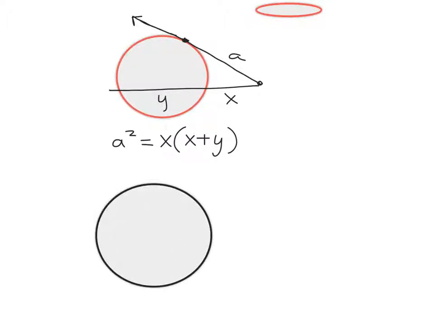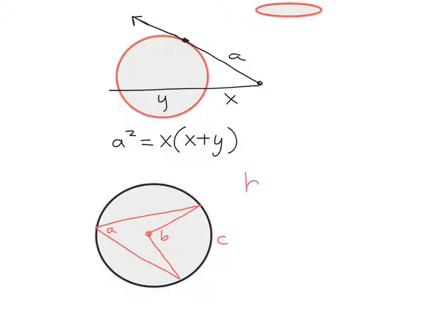What if it's on the circle versus a central angle? So if this is A, B, and C. Not B and C are both double A. Yeah, not A squared, A times 2.